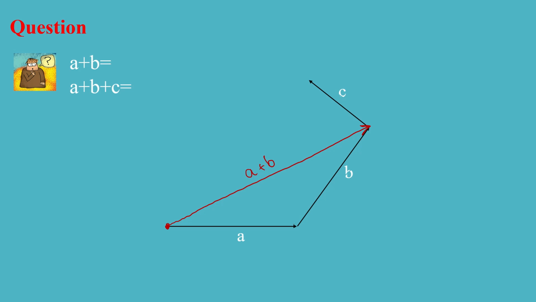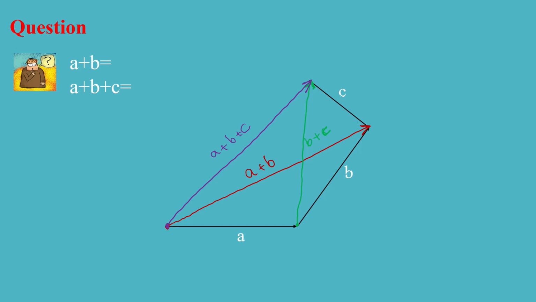Again, it's going to start from B, and then it's going to end at C, right? So this is going to be B plus C. How about A plus B plus C? Again, it's going to start from point A and end at point C. So this is going to be A plus B plus C, right? I'm hoping with this example you understand how to add vectors together.